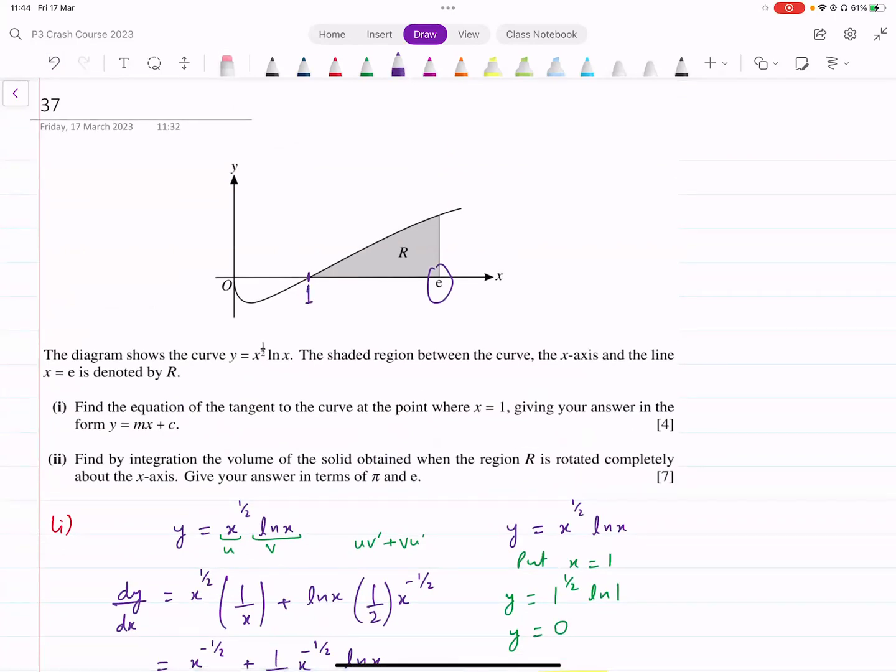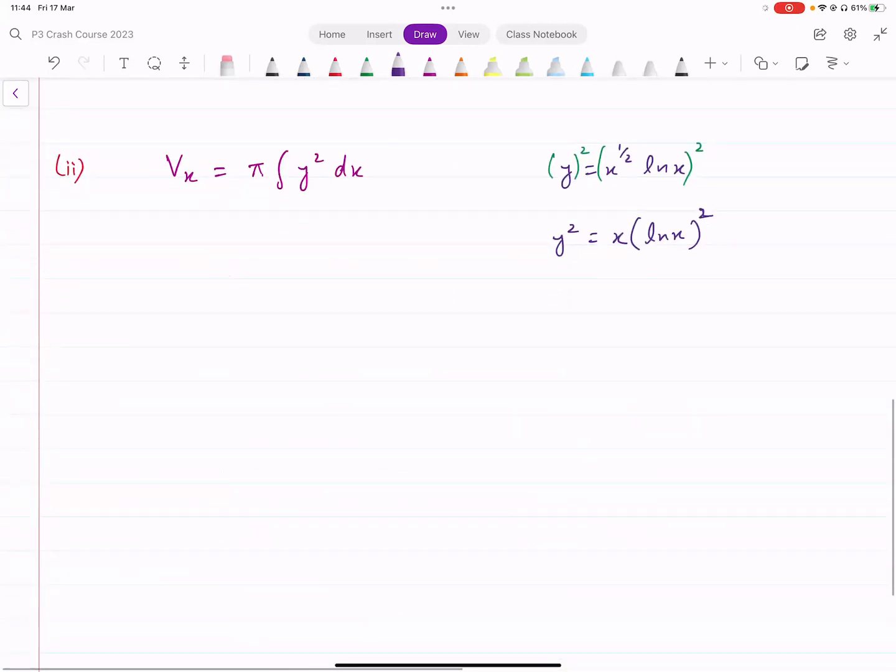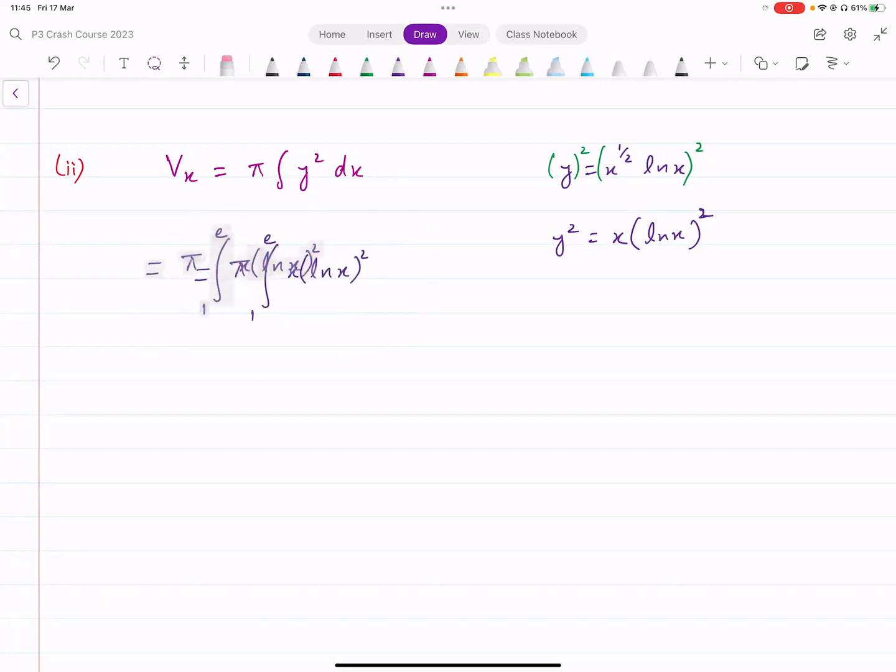So this is 1. So the limits that we're going to have here are 1 and e. Let's write that down again. This is what we need to integrate: pi into the integral of x into ln x whole squared with limits from 1 to e. All right. Now, how do we integrate this thing?